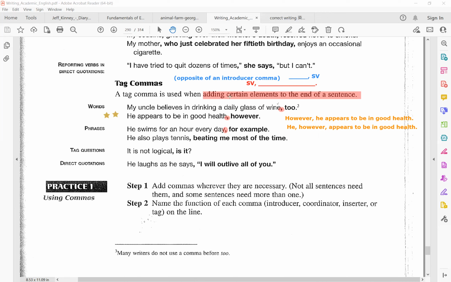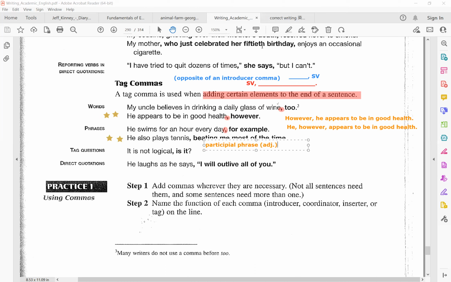All right. And I also want to put a star sign next to this example. He also plays tennis, comma, beating me most of the time. This is our participle phrase, our verb-ing phrase, which has an adjective function.